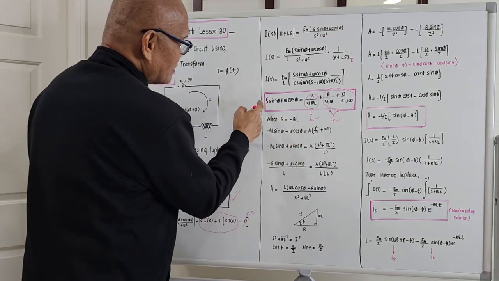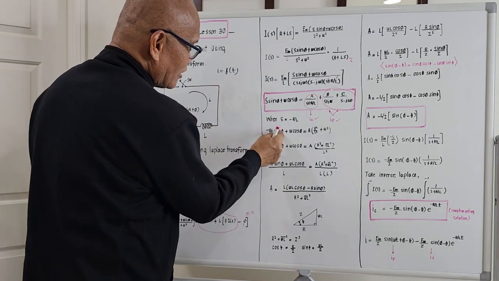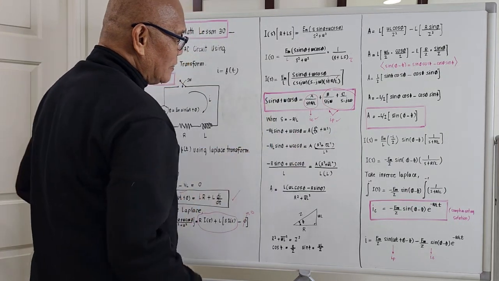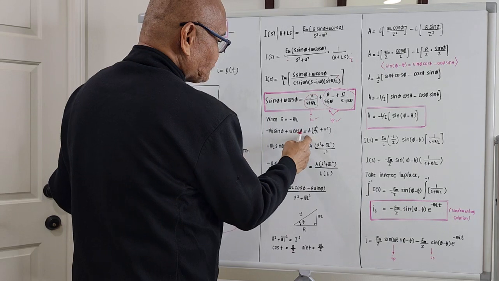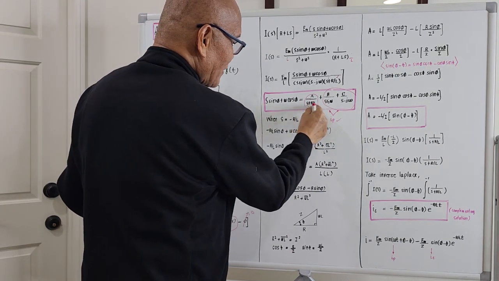You replace this S here by negative R over L, so it will become negative R over L sine of angle phi plus omega cosine of angle phi, equal to this A here. The common denominator is actually the product of these three.